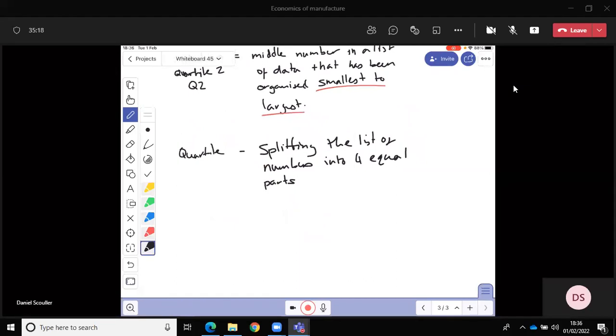Okay, so quartile 1, also known as the lower quartile, okay, it could be referred to as a couple of things, Q1, lower quartile. Okay, Q2 is the median we just covered, and Q3 is the upper quartile.